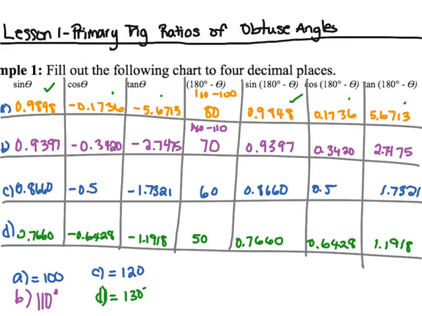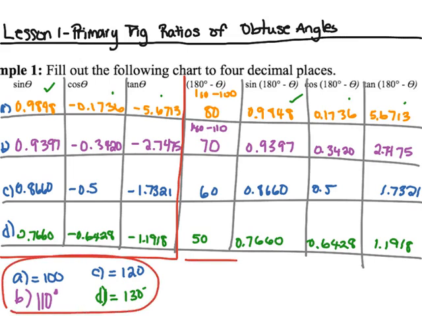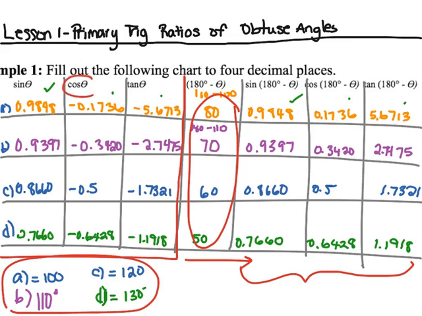Also, take note that anything on this side of the chart is an obtuse angle. So these are all our obtuse angles. And everything to the right on the chart is these acute angles. When you have an acute angle, all of your answers will be positive. When you have an obtuse angle, cosine and tangent will be negative.